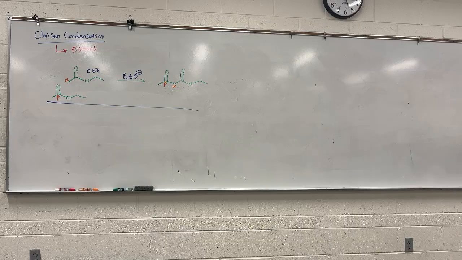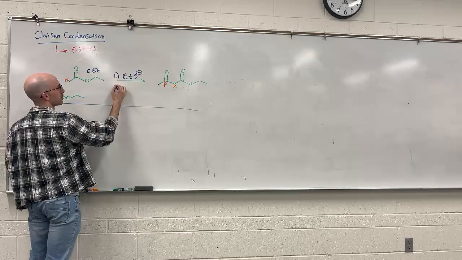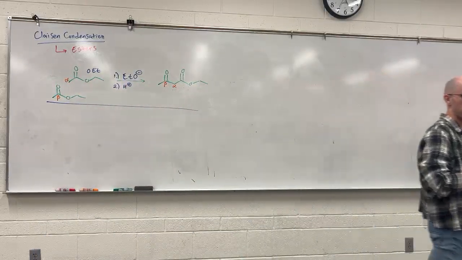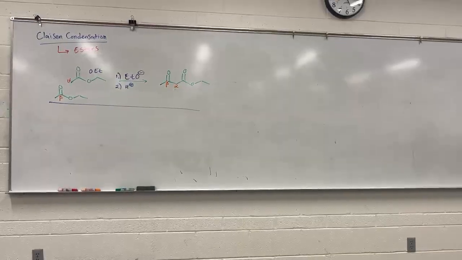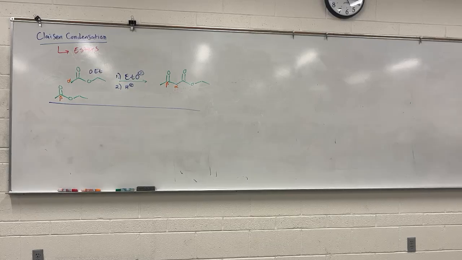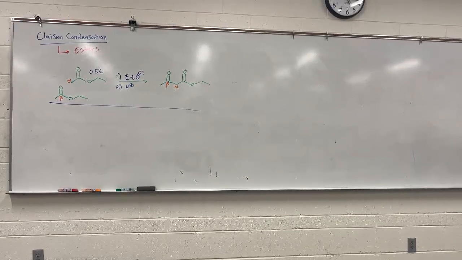So technically, we should be putting over this arrow, first introduce a base, then run an aqueous workup to neutralize the product. I think this is what I'm going to consistently say going forward, but you may find that on the practice material, I was not consistent with that. No, I was consistent with that.